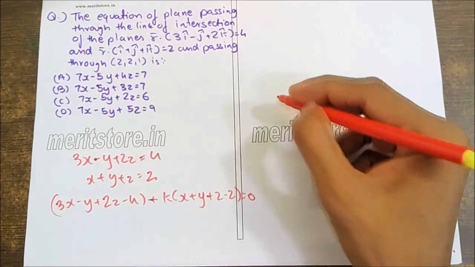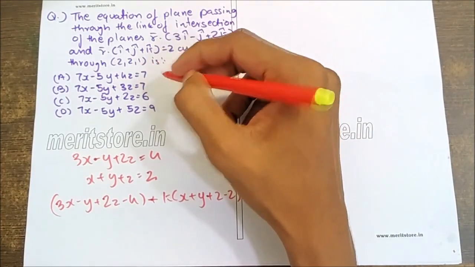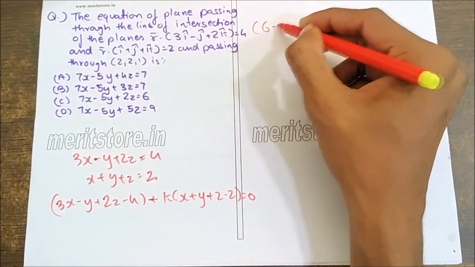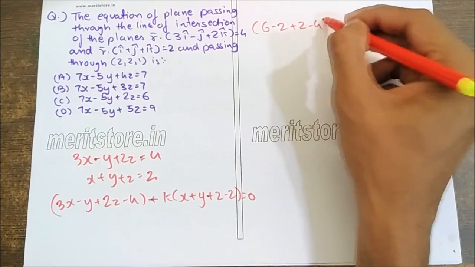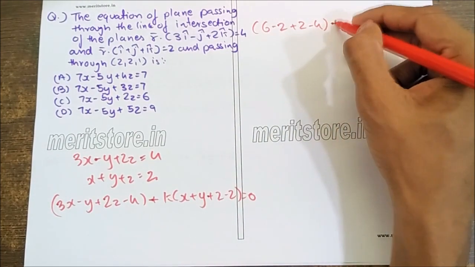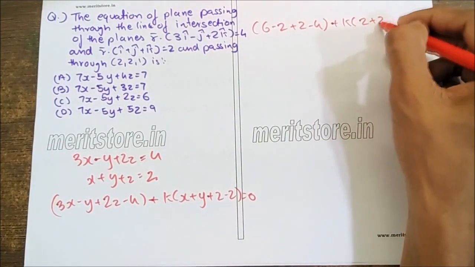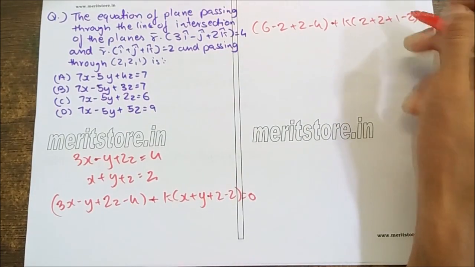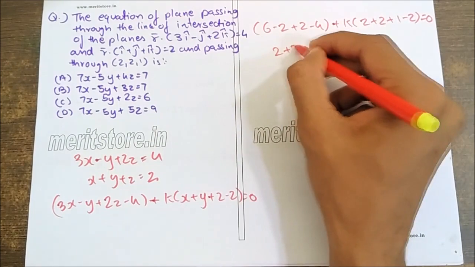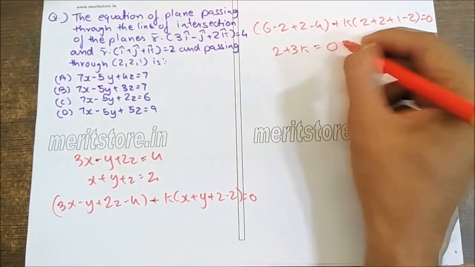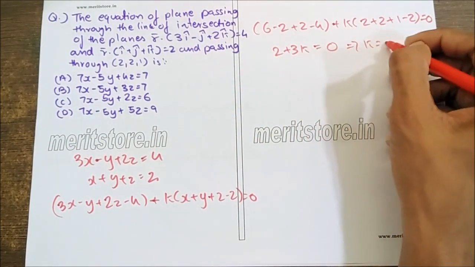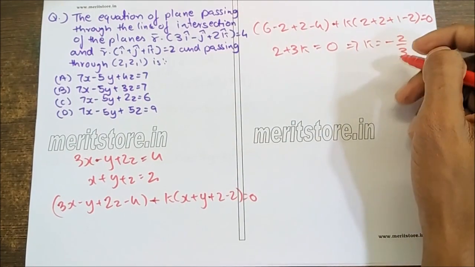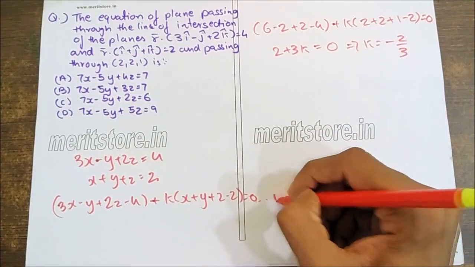If it passes through the point (2, 2, 1), then we substitute the values: 6 minus 2 plus 2 minus 4, plus k(2 plus 2 plus 1 minus 2), which is equal to 0. Therefore, 2 plus 3k is equal to 0, where we get k is equal to minus 2 upon 3. Let this be kept as 1.